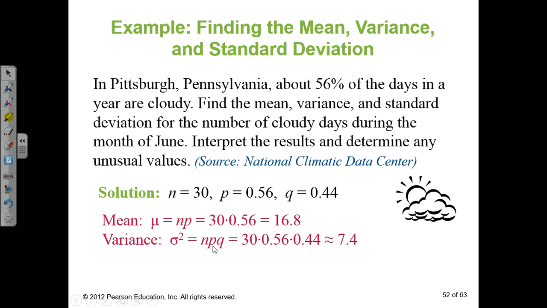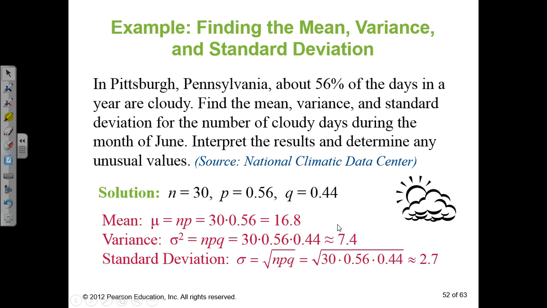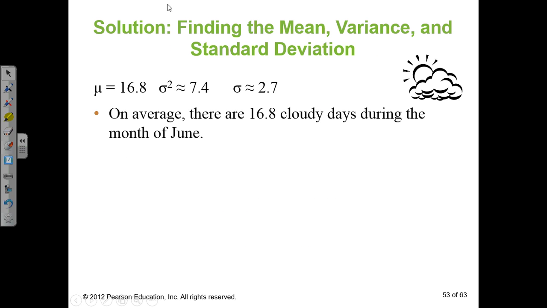The variance is n times p times q. 30 times 0.56 times 0.44 is approximately 7.4. And the standard deviation is the square root of 7.4, or approximately 2.7. Thus, on average, there are about 16.8 cloudy days in the month of June, and the standard deviation is about 2.7.